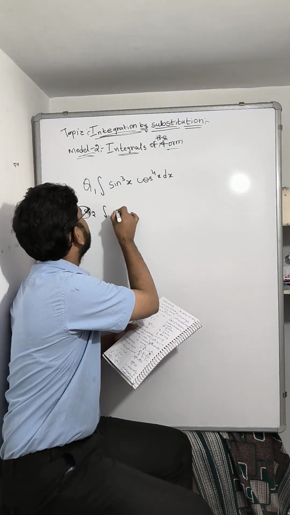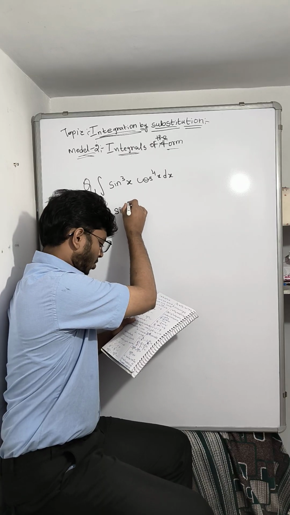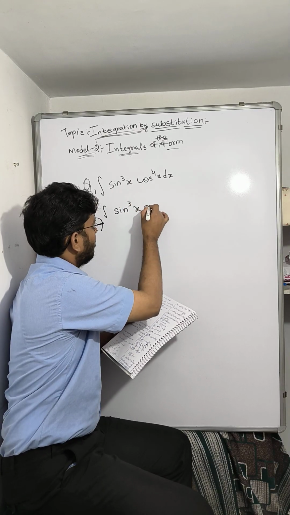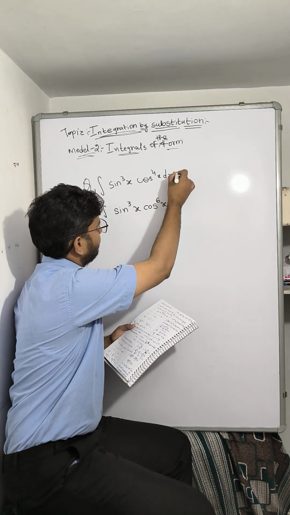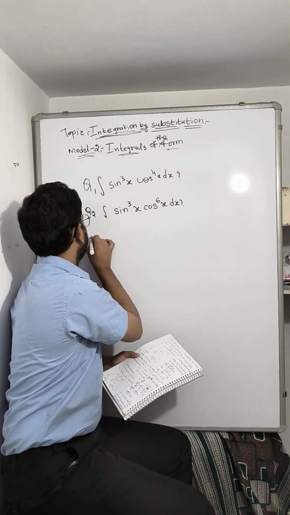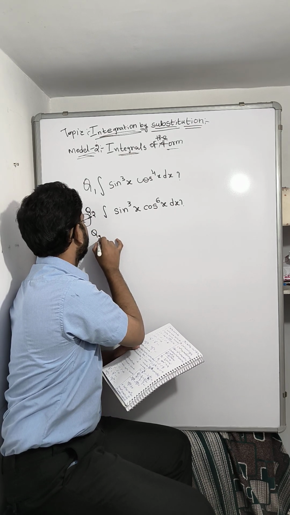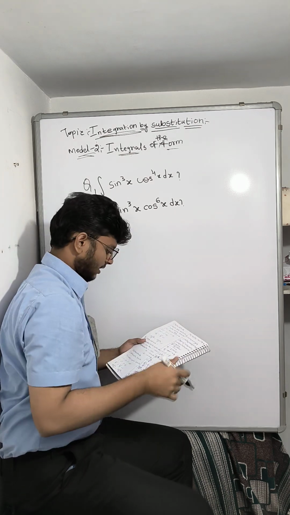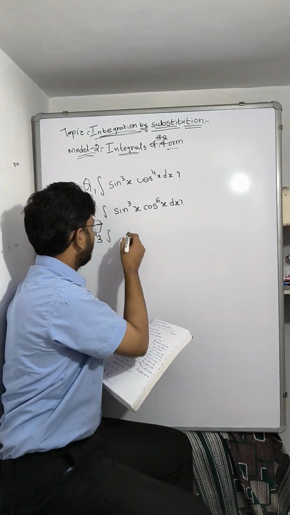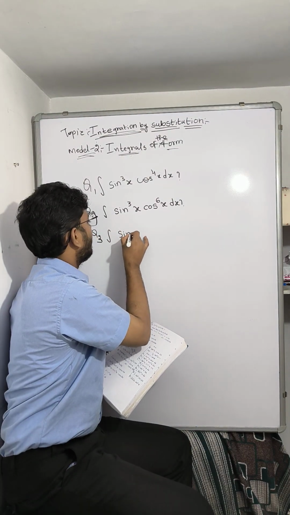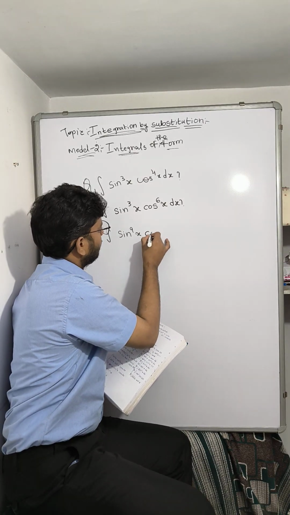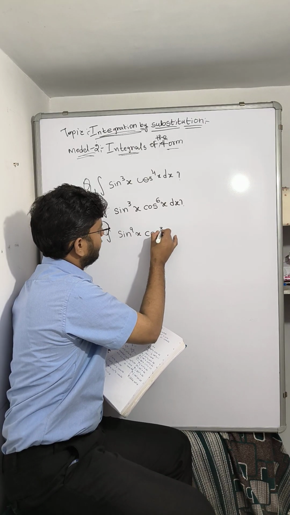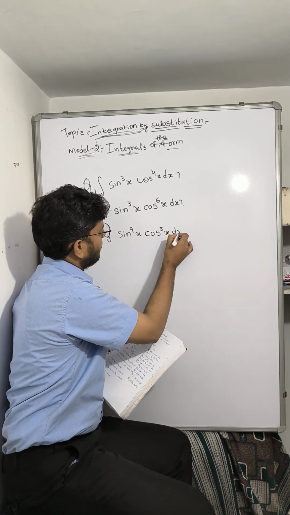Question number 2: integral of sin to the power of 3 x cos to the power of 6 x dx. Question number 3: integral of sin to the power of 9 x cos to the power of 3 x dx.